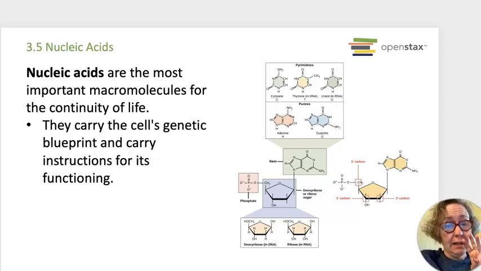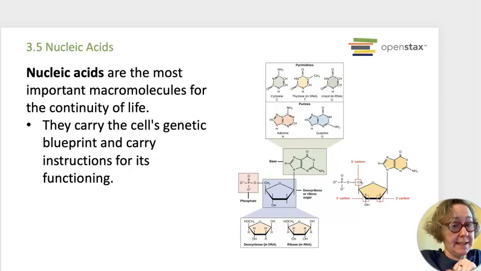Cytosine, thymine, adenine, guanine, 4 letters in the alphabet of life. 4 letters make up the complexity of life. It is mind blowing, at least to me. We proved in the last chapter that it is really DNA. It is the 4 nucleotides that make up this life, and it is just crazy to think about that.